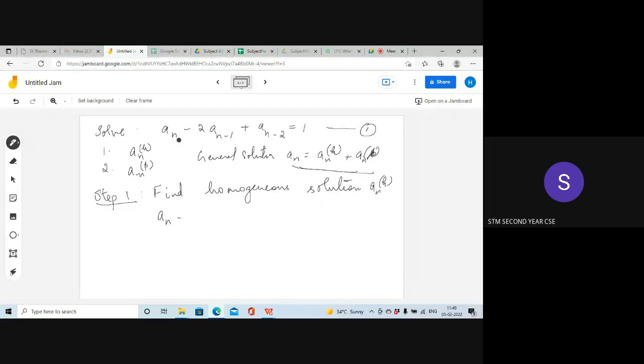We equate it to 0. A homogeneous solution always has 0 on the right hand side. So a_n minus 2 into a_{n-1} plus a_{n-2} is equal to 0. I am not bothered about the right hand side here. I am going to find the homogeneous solution using the left hand side alone, taking the left hand side and equating it to 0. It becomes a homogeneous equation.